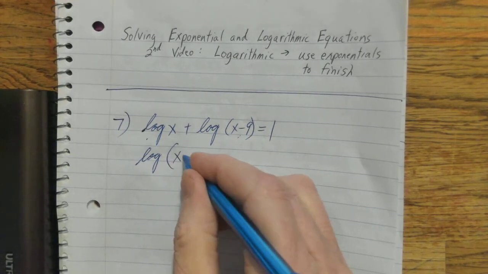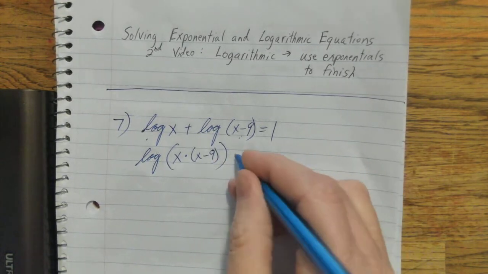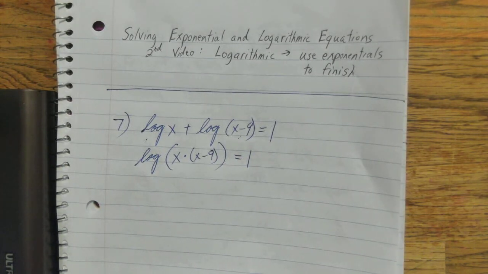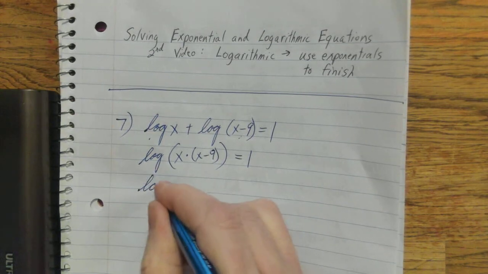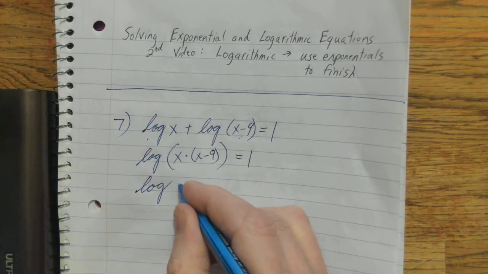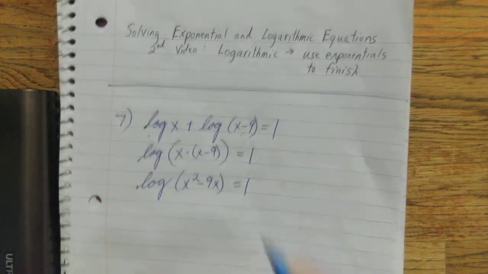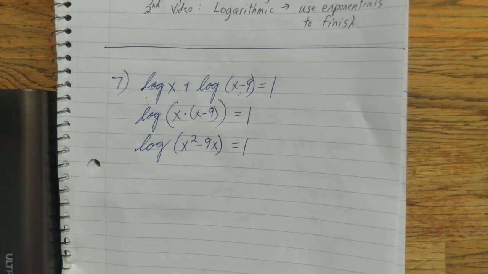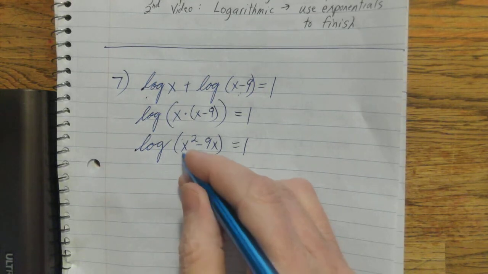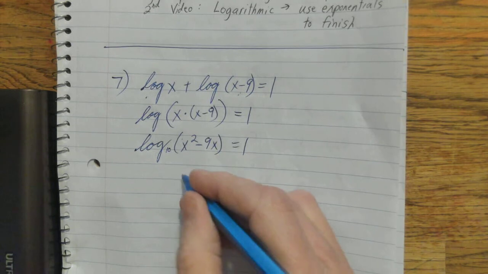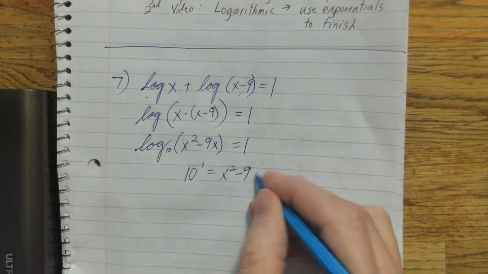So I'm going to take x times x minus 9 and make that into one logarithm. Then I have the log of x squared minus 9x equals 1. Now I'm going to rewrite this. This is a base 10, so 10 to the first power equals x squared minus 9x.